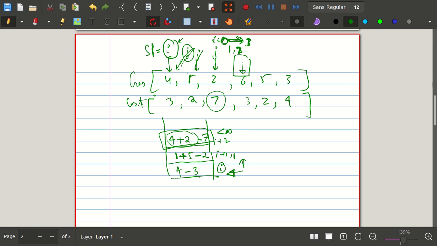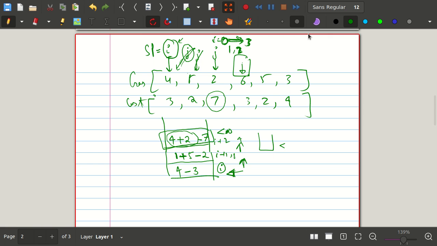For this particular case 1 is added, for this particular case 4 is added. If I start in between, then my tank will always be lesser than before.